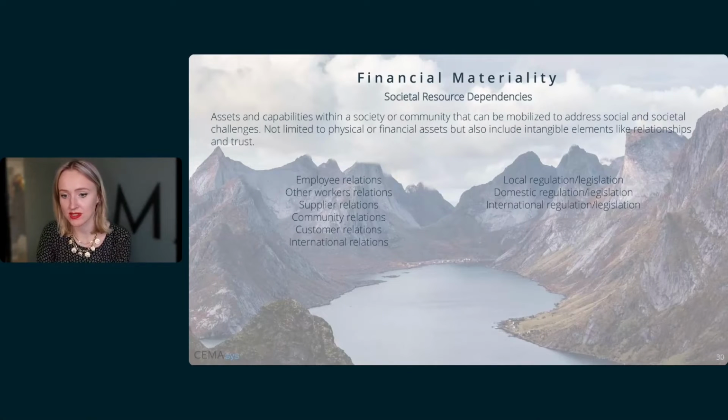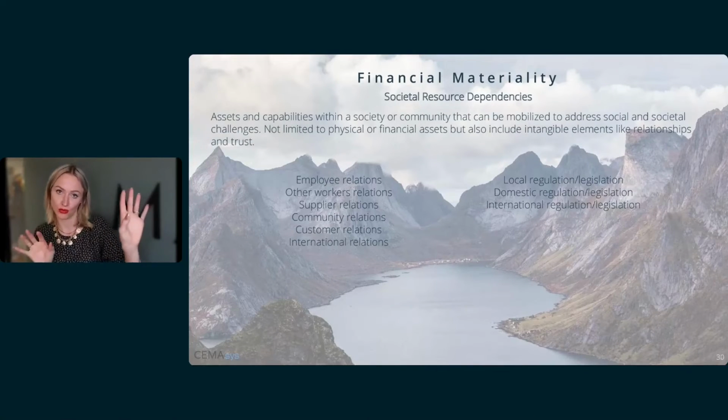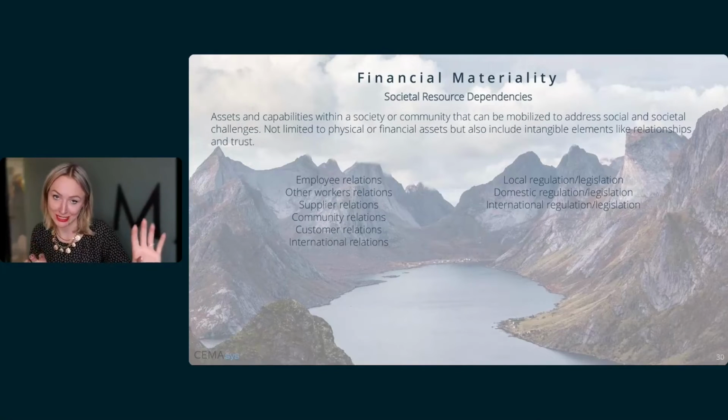And I also decided to include regulations and legislation. This could go all the way from the local level to the international level. So as you can see, it is quite broad, these dependencies that you should figure out in your value chain screening that will feed into the financial materiality.